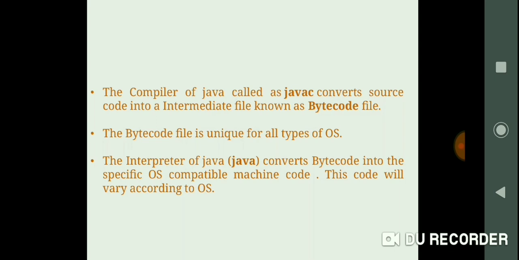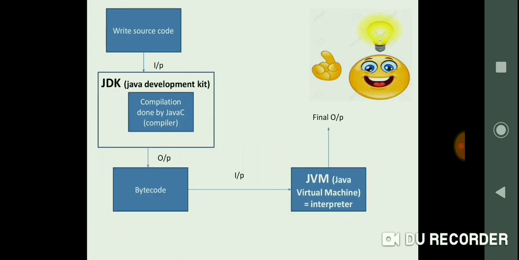Then the interpreter of Java, that is java, converts this bytecode into specific operating system compatible machine code. And this code will vary according to the operating system. We'll discuss this further. Okay, so see this diagram.